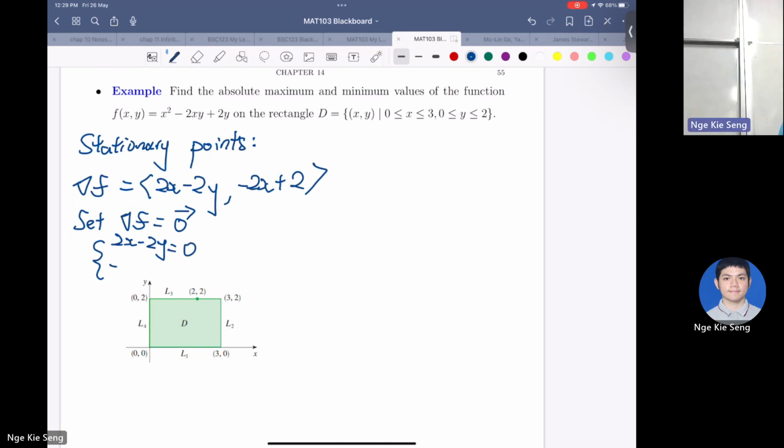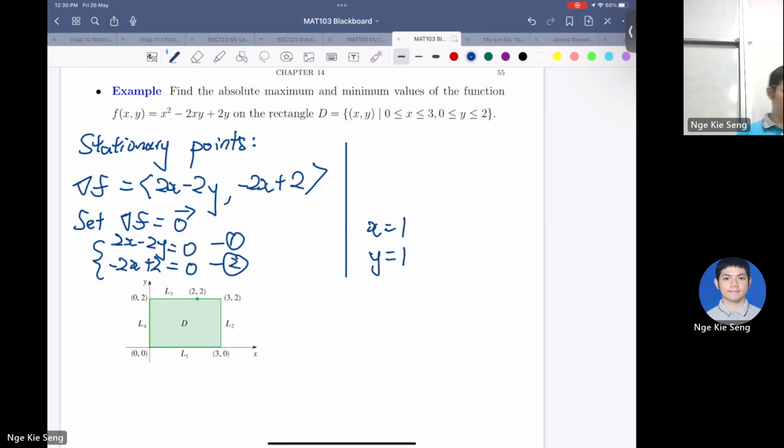When you go up in dimension, you can't really run away from linear algebra. So when you solve this, what's the stationary point? This is x equals 1 and y equals 1.